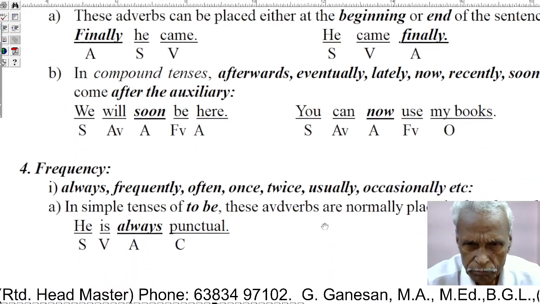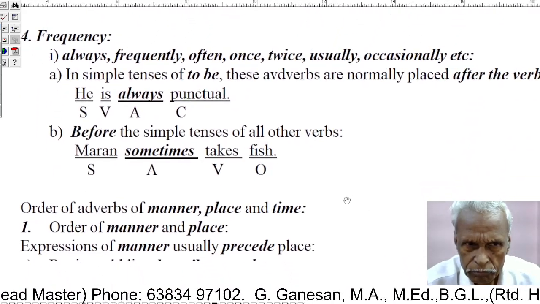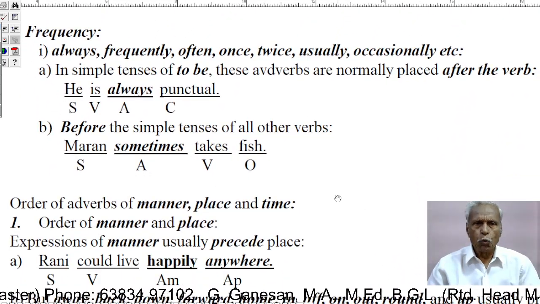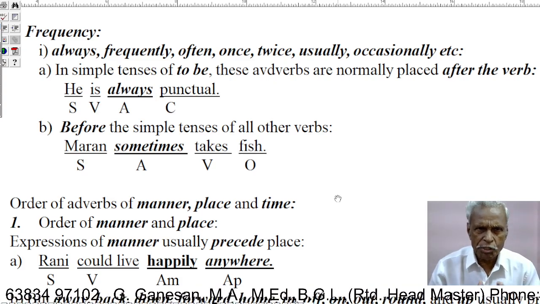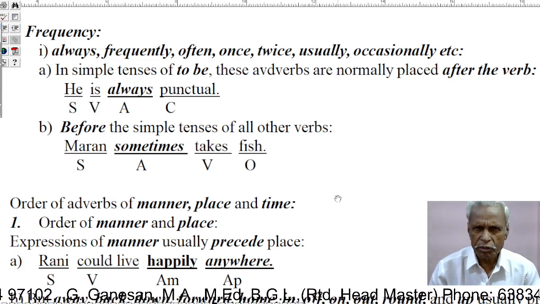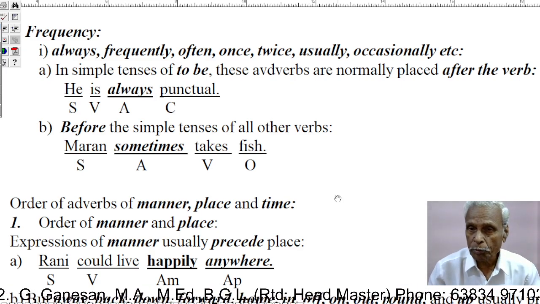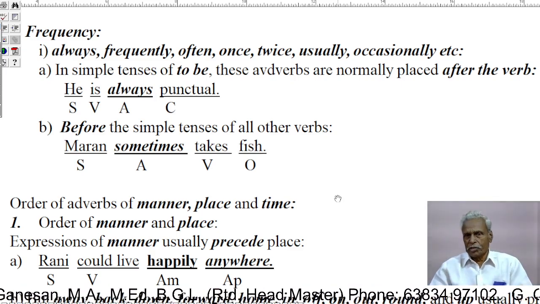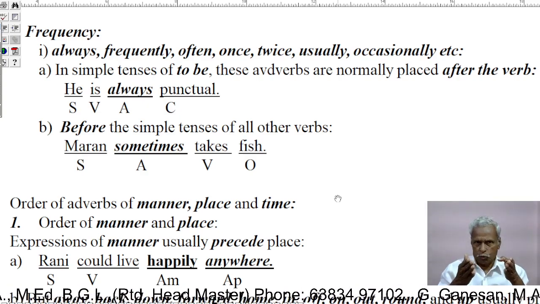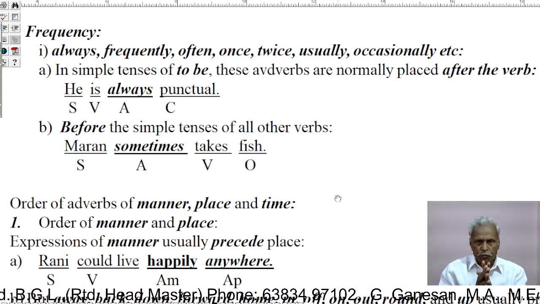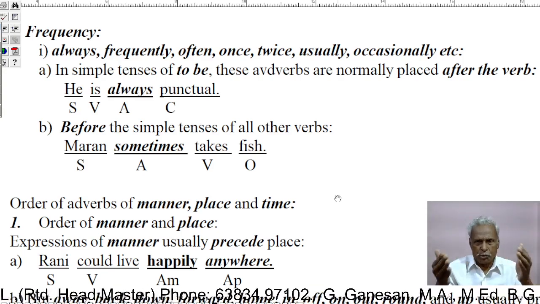Then frequency: always, frequently, often, once, twice, etc. In simple tenses of to be, these adverbs are normally placed after the verb. How can the adverbs of frequency like always, frequently, often be used?